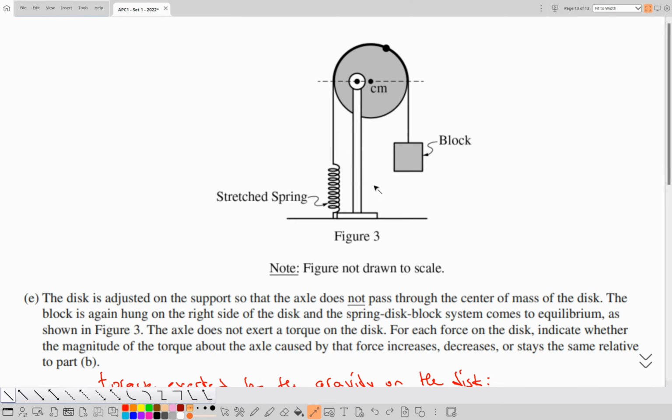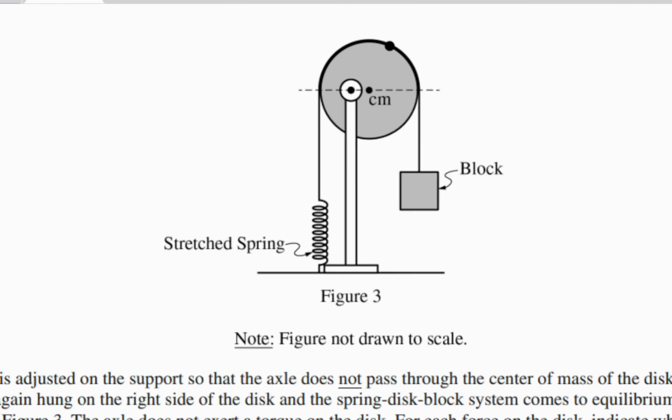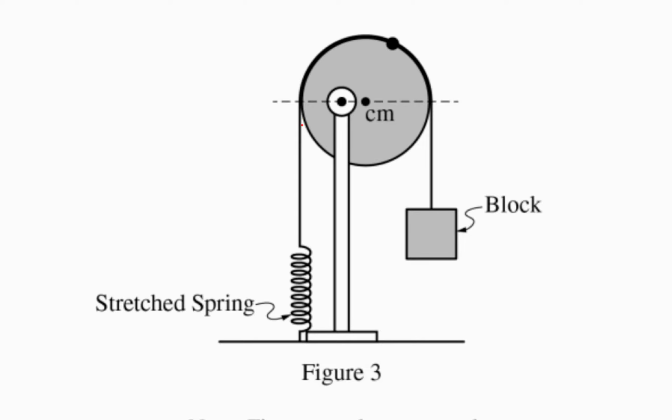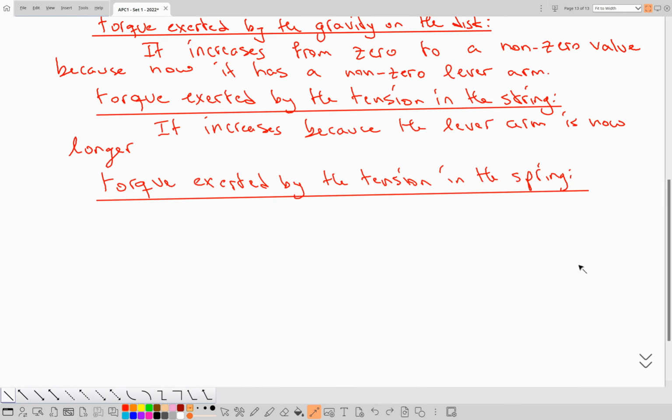However, because it is at equilibrium, in order for this to be in equilibrium, the torques provided by the block and the pull of gravity of the disk should balance the torque provided by the spring. So the torque of the spring should be equal to the torque provided by gravity plus the torque provided by the tension. Because each of these separately increases, then we expect that the torque provided by the spring increases. Therefore, this is a bit tricky.